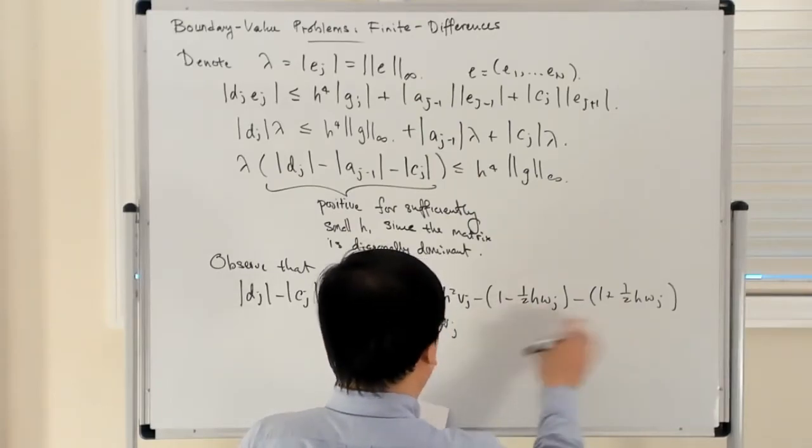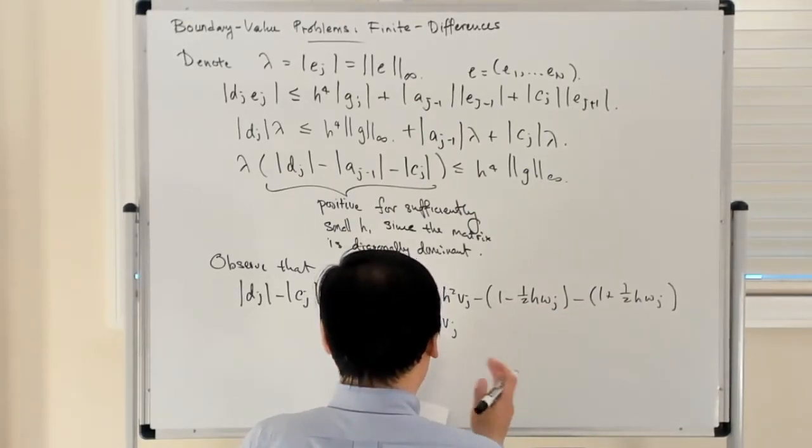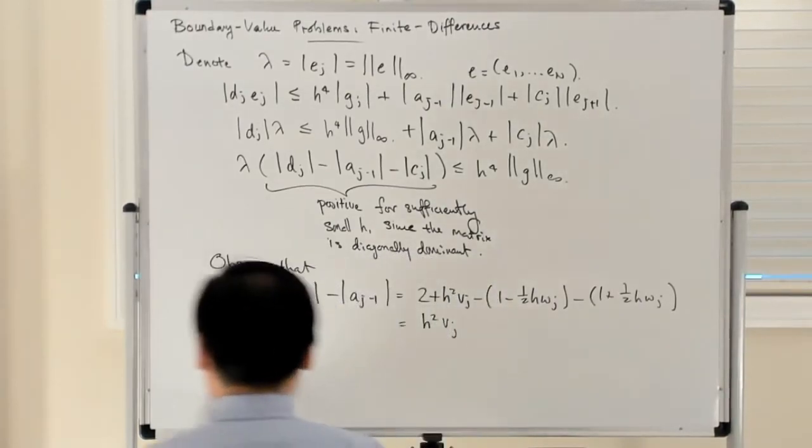Again, this equality holds only when h is small enough, but under that condition, you just get h squared v_j.